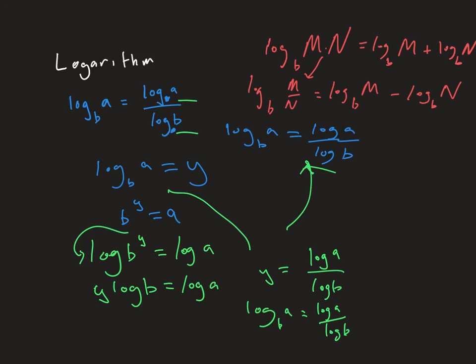So we've gone through a few properties. We've gone through this one up here, the addition of two logs, we've gone through this property down here where we brought that y in front. So that's one property.